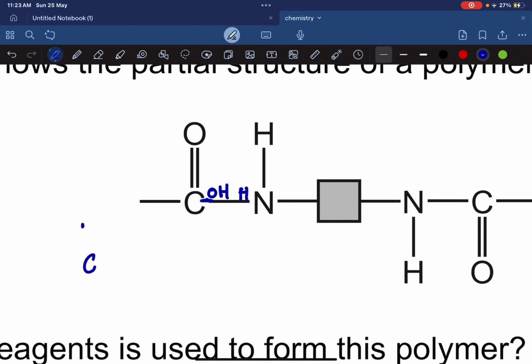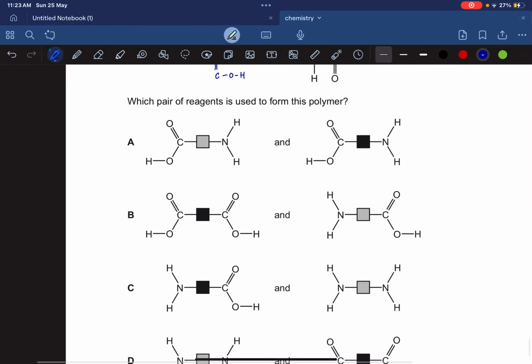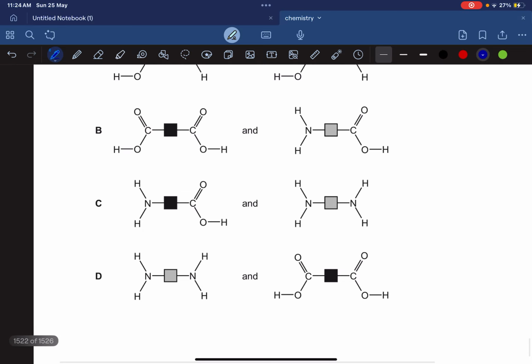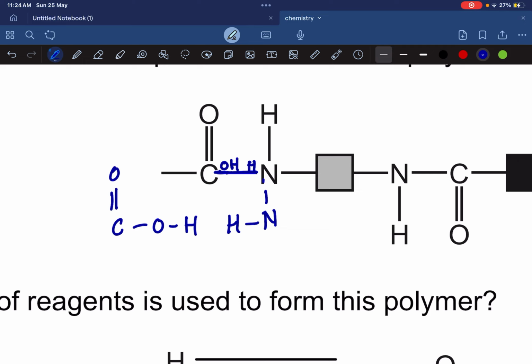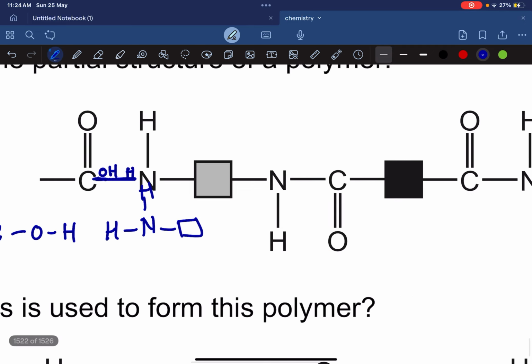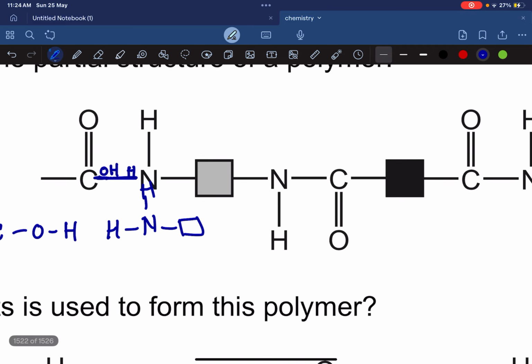So it has to be C double bond O H, and then over here a bond is formed. Wait a sec. See, a bond has formed here, right? So this is an amide linkage. So here there will be an H, N and H, okay. Then here it's going to be N and again NH. Okay, here also there should be an H, here there should be an O.